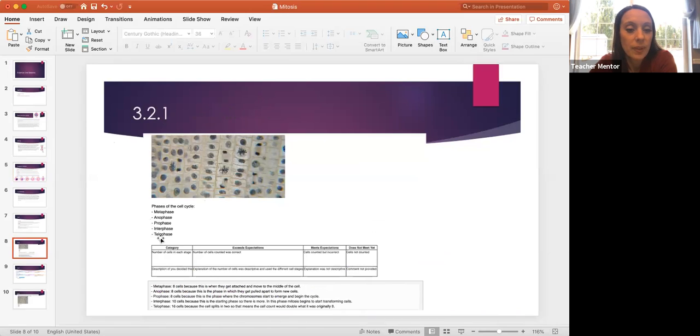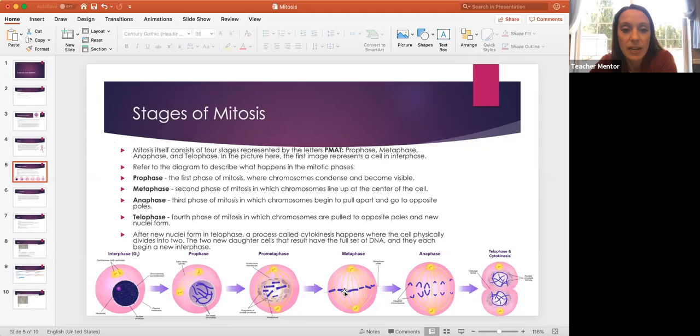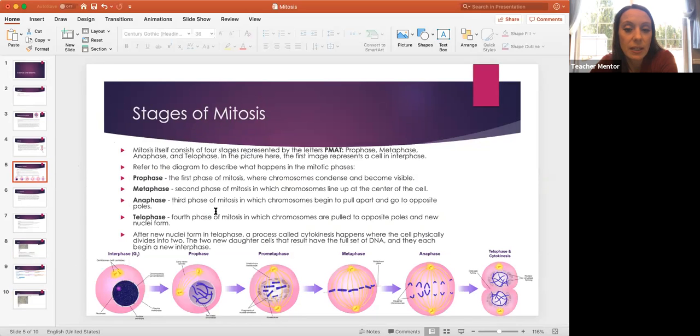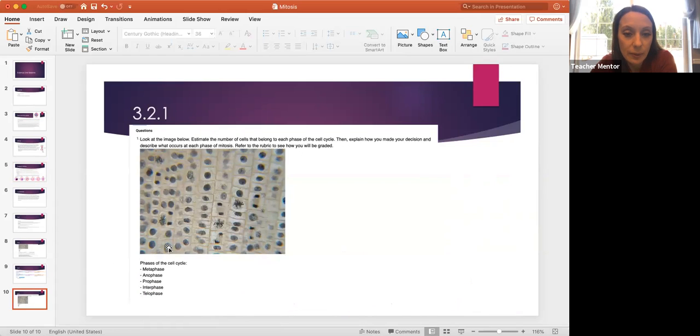And then as we go to our next phase, metaphase, this is when the chromosomes line up at the center. So then you would look for chromosomes lining up towards the center here. Anaphase, they begin to pull apart. So you would look for them starting to stretch apart. The cells are stretching apart.